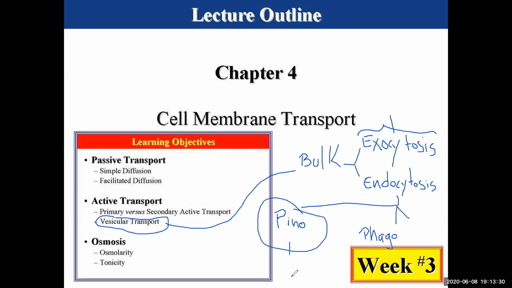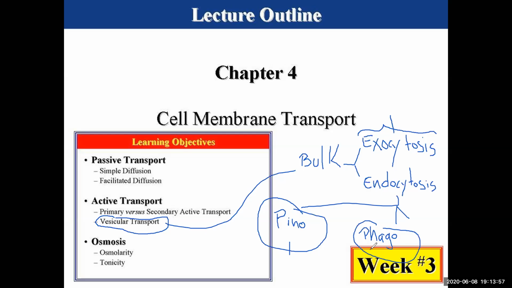Pinocytosis is known as cell drinking. When the cell brings in a large volume of water containing dissolved electrolytes, right? So when the cell is importing a lot of solvent containing solutes, we call that cell drinking. Phagocytosis is known as cell eating.